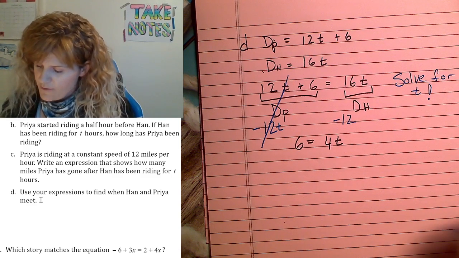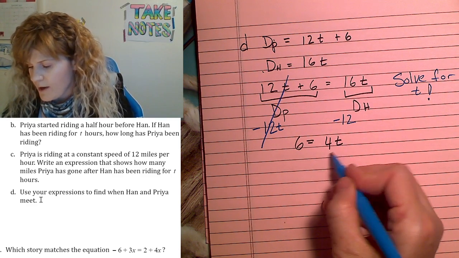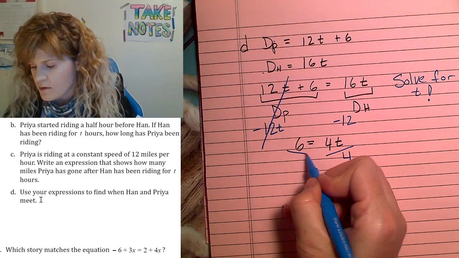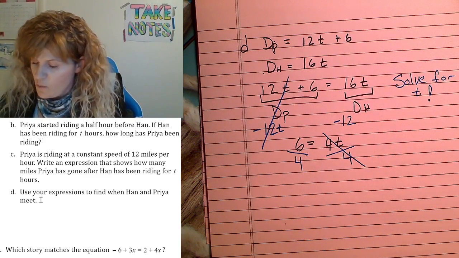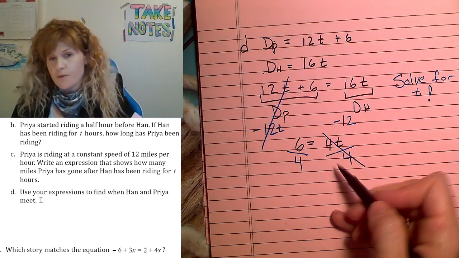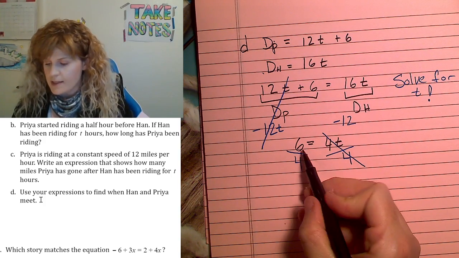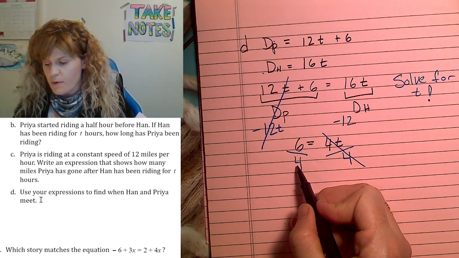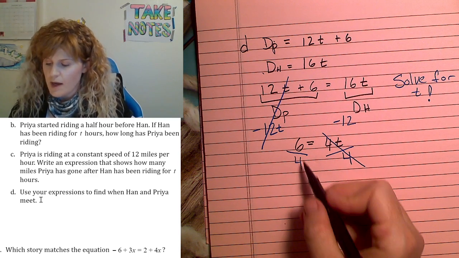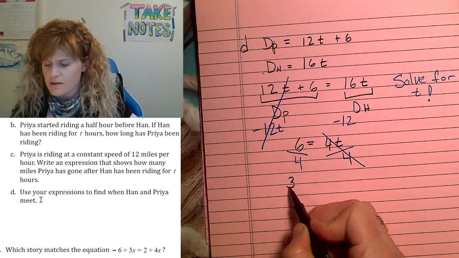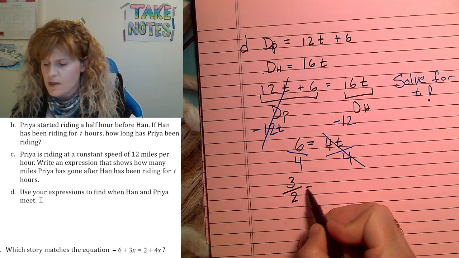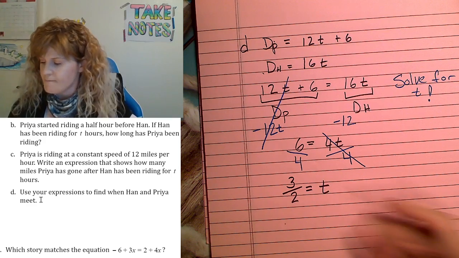And then I'm going to divide both sides of the equation by 4. And then this 4 divided by 4 becomes 1, and I get 6 divided by 4 equals t. Well, I'm just going to reduce this fraction at the same time. That's 3 over 2 equals t.